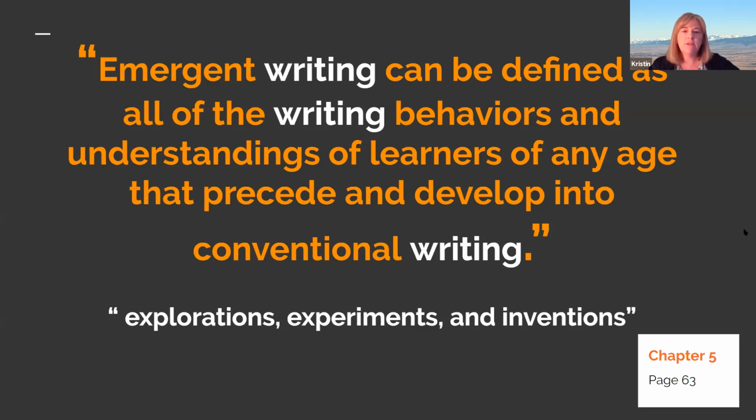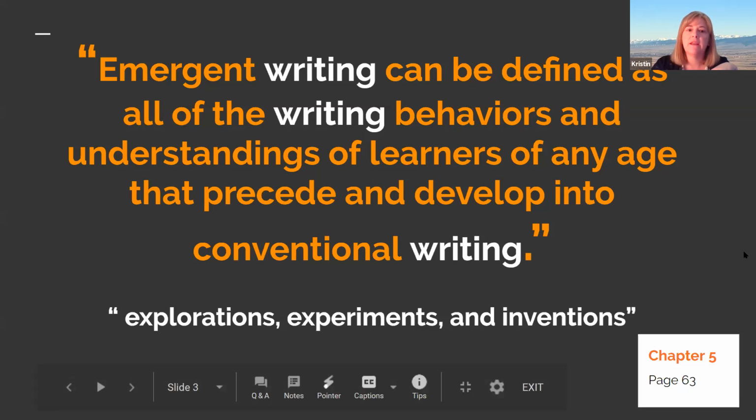And so several times in this chapter, emergent writing was defined. And the definition is just like emergent reading, but the word writing is in the place of reading. So emergent writing can be defined as all of the writing behaviors and understandings of learners of any age that precede and develop into conventional writing.